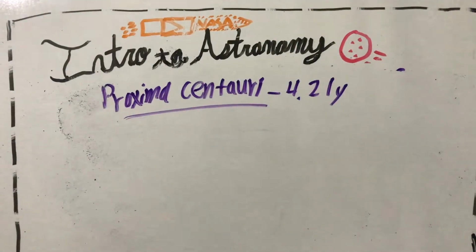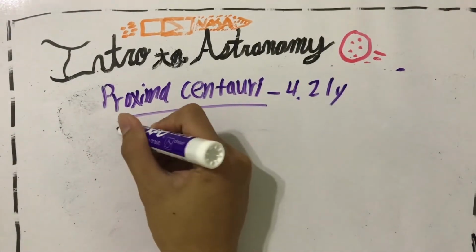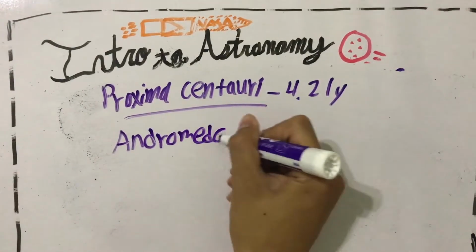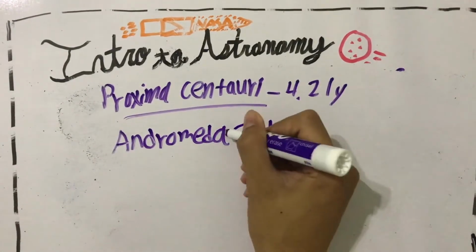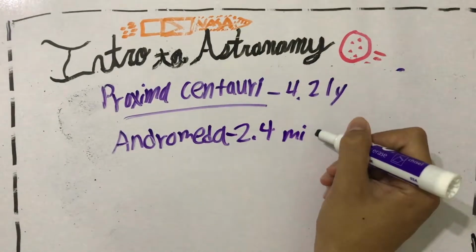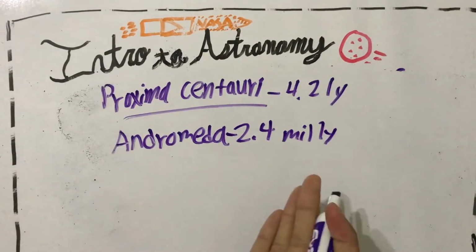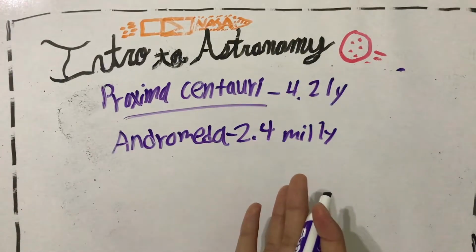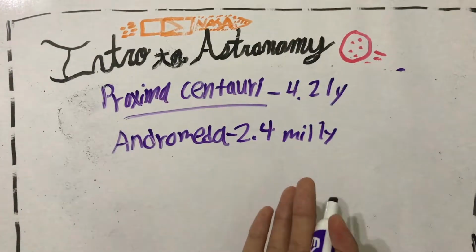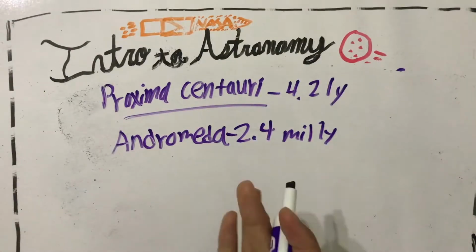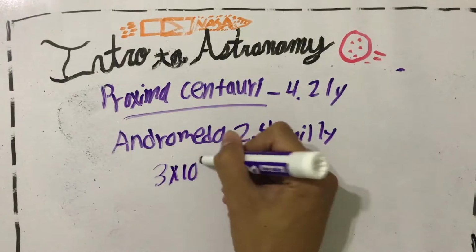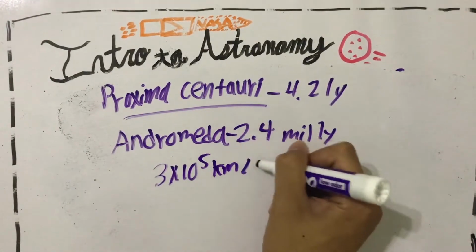Our nearest galaxy closest to the Milky Way is called the Andromeda Galaxy, and this is about 2.4 million light years away. Other galaxies and stars are actually much farther away from us. So how would we measure this? Luckily, we have something called the speed of light, which, as I mentioned, was 3.0 times 10 to the 5th kilometers per second.